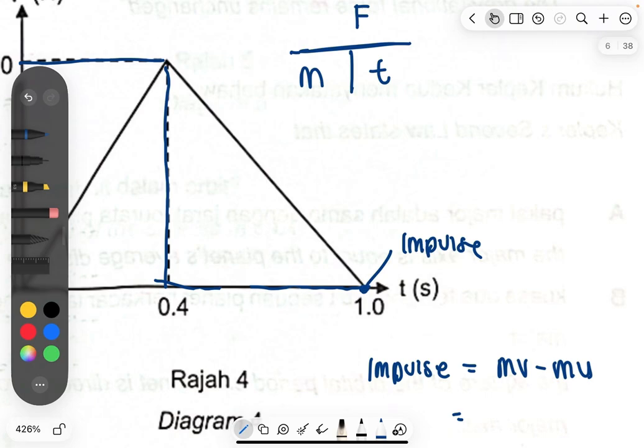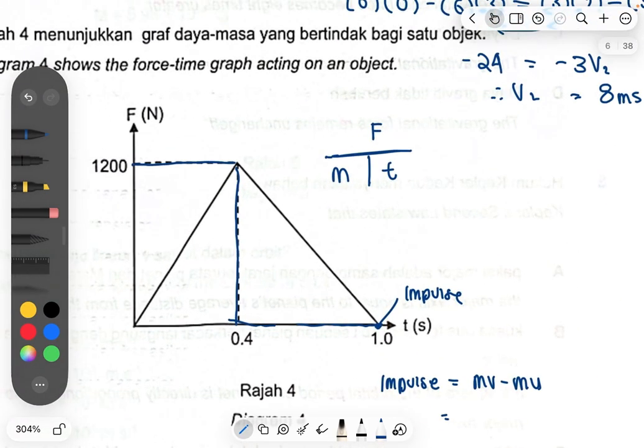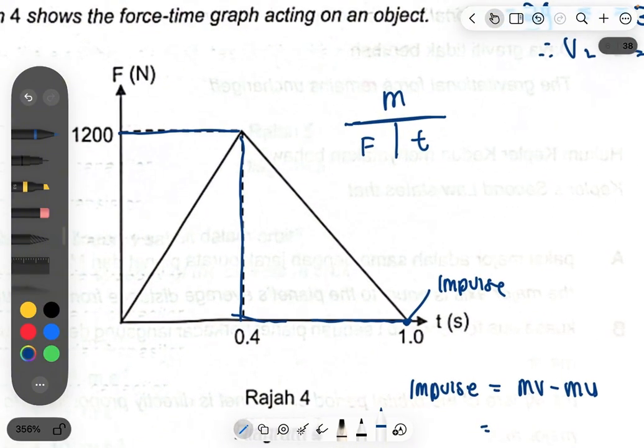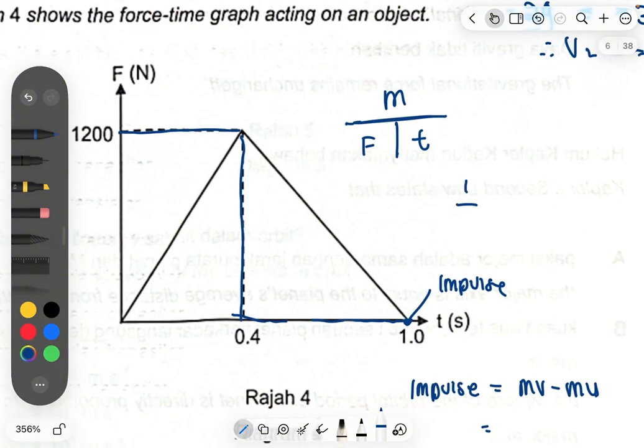Or maybe it takes... no, wrong. It's like this, yeah. Okay, got it already. So we have to find the, right.